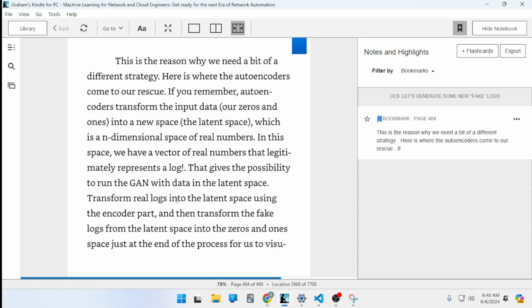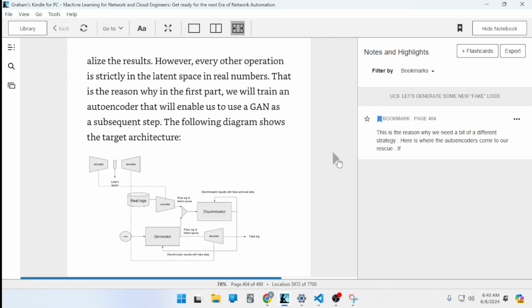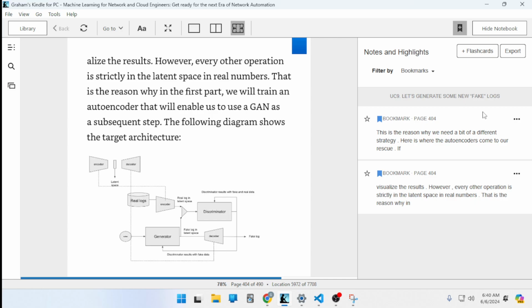Transform real logs into the latent space using the encoder part, and then transform the fake logs from the latent space into the zeros and ones space just at the end of the process for us to visualize the results. However, every other operation is strictly in the latent space in real numbers.